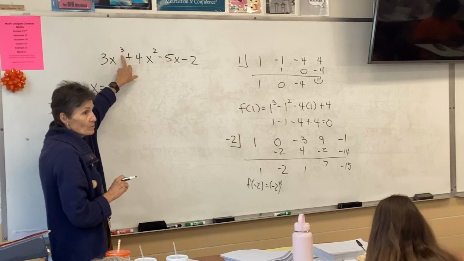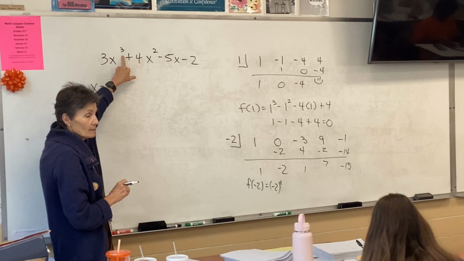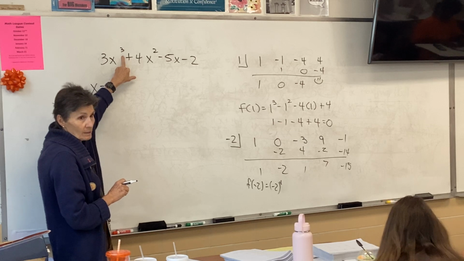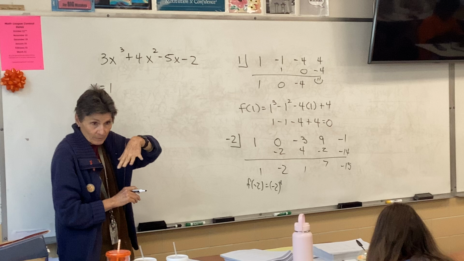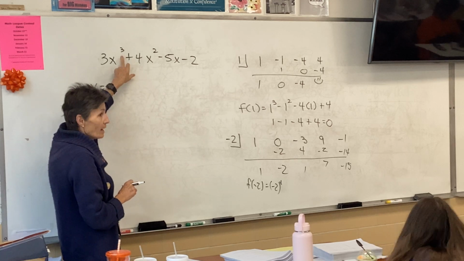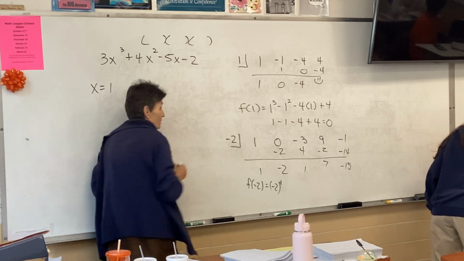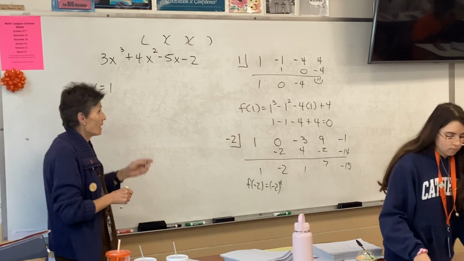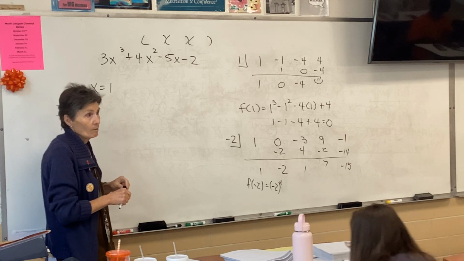How many zeros are there? 3. Remember, the zeros are the dots on the number line. How many dots is this going to have? How many parentheses is this going to have? 3. I know one of them now. Any ideas on how I'll find the others?